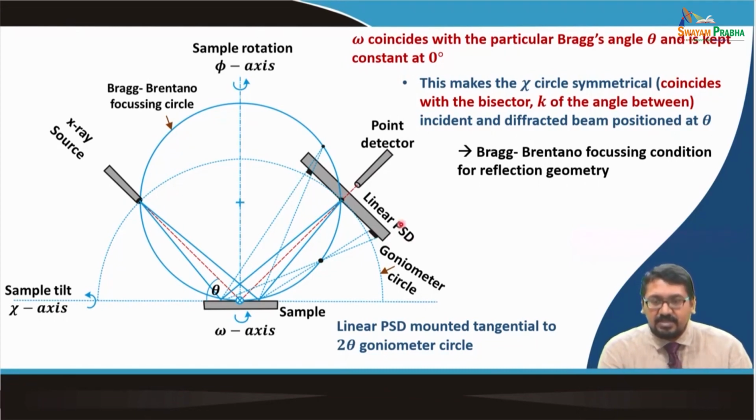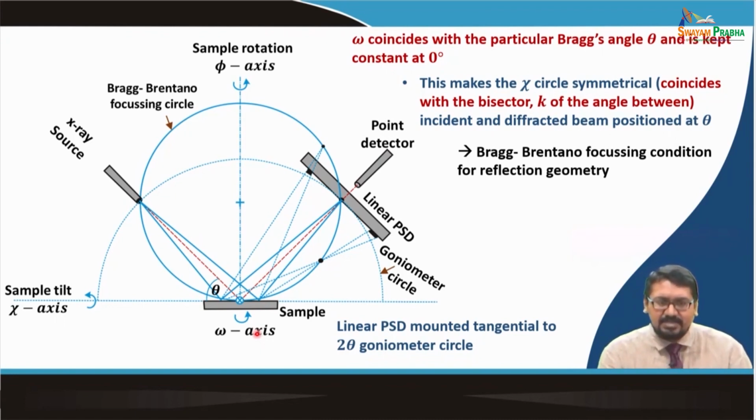So, you see that the omega of this 4 axis goniometer is rocked or rotated, so that it gets to the particular Bragg angle theta, and then it is made equal to 0.